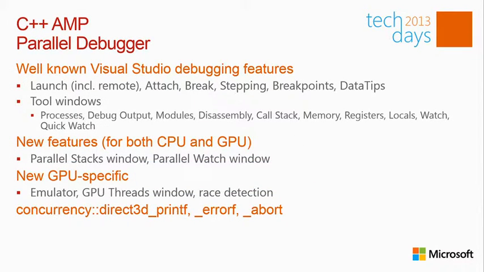I will not spend a lot of time on the debugging tools that we give you, but just so you know, we have a full set of debugging tools for parallel and GPU debugging. So in addition to the normal stack window, the call stack that you have, and the watch and all of this, we have a parallel call stack that shows you how many threads are stuck in a specific place, or a parallel watch that tells you the value of a specific variable across the multiple threads, so you don't have to see 256 instances of that variable.